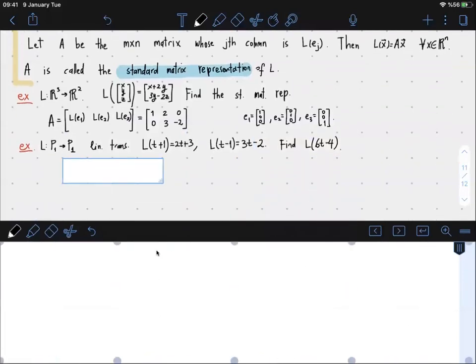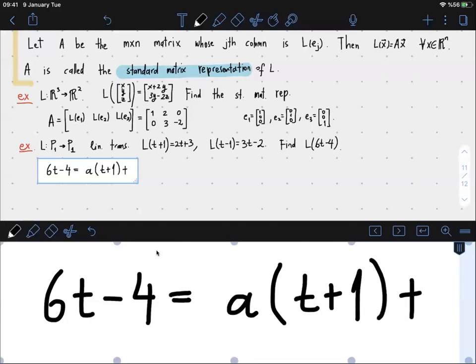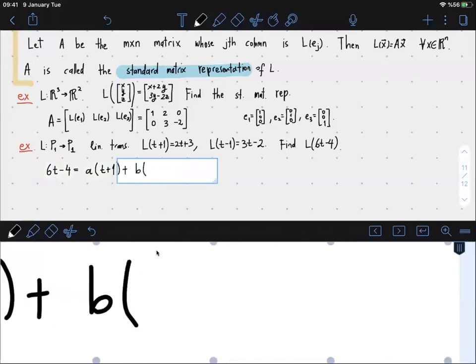Okay, let's look at it. So we did a similar problem. So the solution is just like that. What we do is we represent the unknown polynomial, the 6t minus 4 polynomial, as a combination of these two given polynomials, a times t plus 1 and plus b times t minus 1.